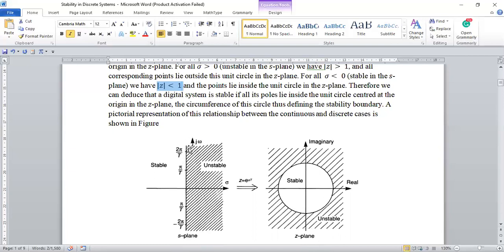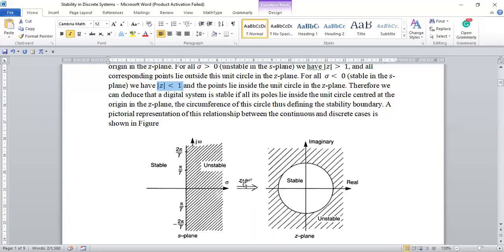And we know that when the poles are on the right half plane, the system is unstable. Then if the poles are on the left half plane, we know that the system is stable.